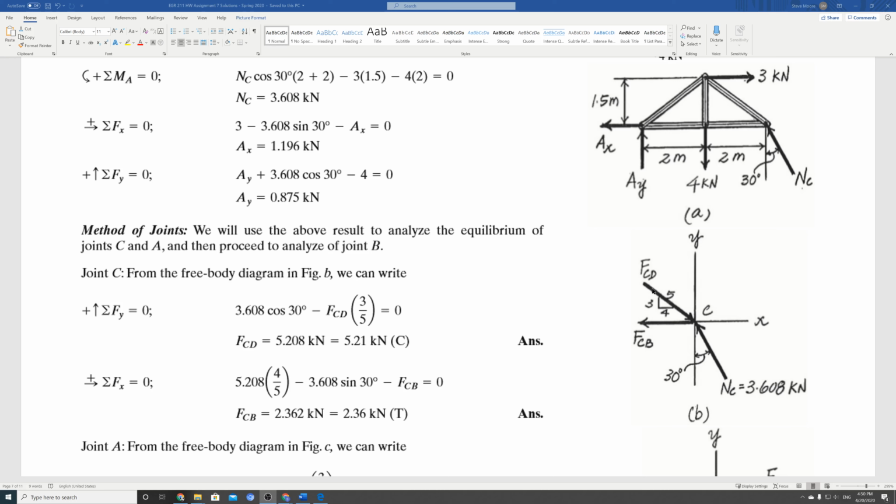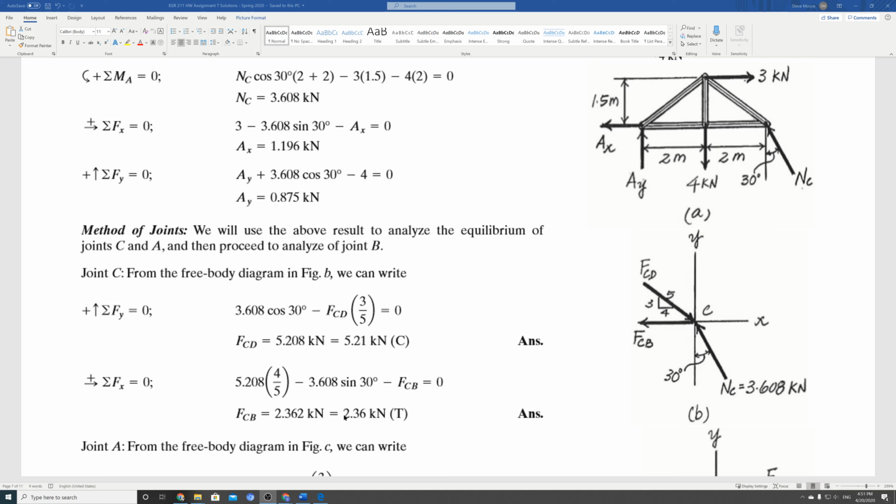And we have an x component here, which is 4 over 5 times 5.208, which we found previously, and the minus 3.608, which is just the component here, and the direction is off to the left also, so this is also a negative. This one's a negative, this one's a negative, and this one is a positive because the x component is positive.